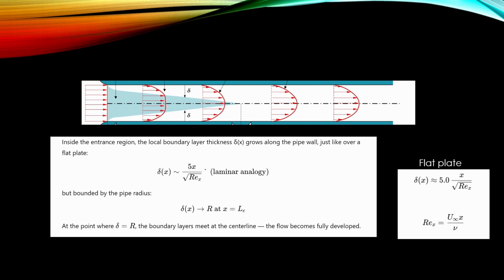It is having this distance from inlet of the pipe, and this Reynolds number is calculated based on that distance from inlet. But in this pipe case, this boundary layer thickness cannot be higher than the radius of the pipe.